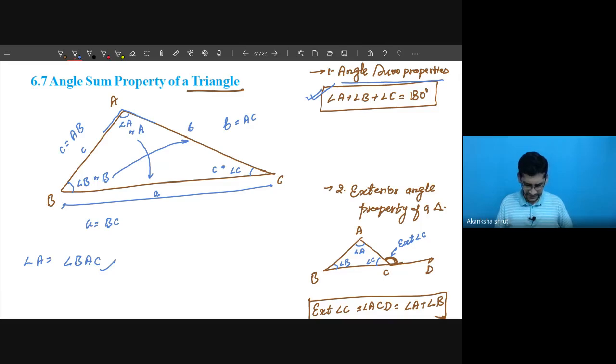Similarly at B, whether you write angle B or angle ABC or start with vertex C, angle CBA, they mean the same. Similarly angle A can be written as angle BAC or angle CAB, it means the same.